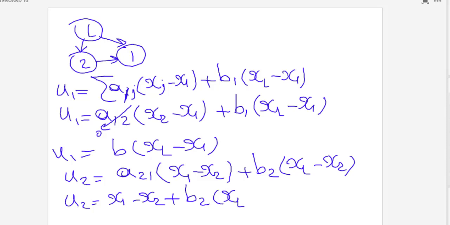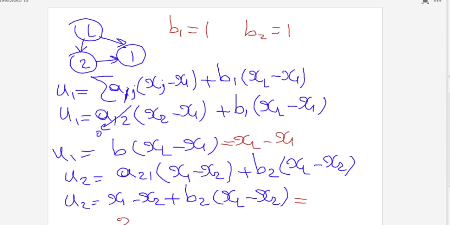So U2 equal to x1 minus x2 plus B2 times (xL minus x2). For simplicity, I write B1 as 1 and B2 as 1. This is xL minus x1, and this is x1 plus xL minus 2 times x2.